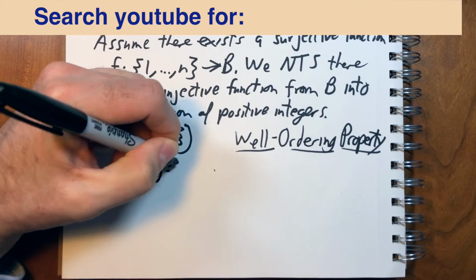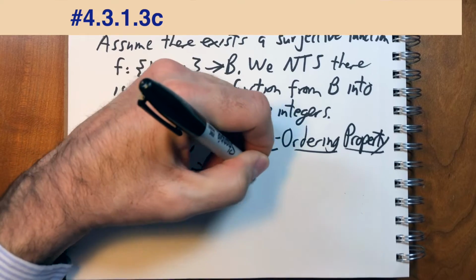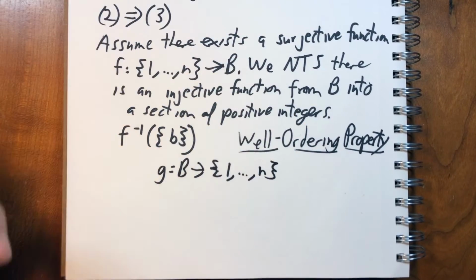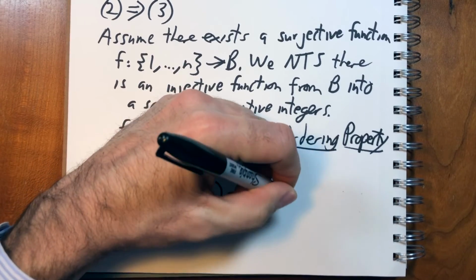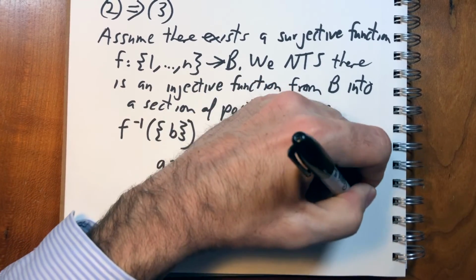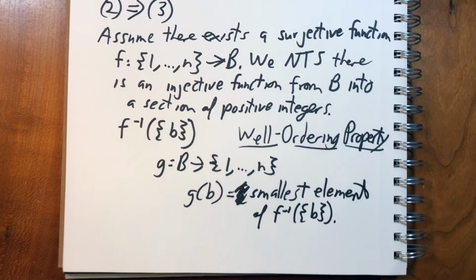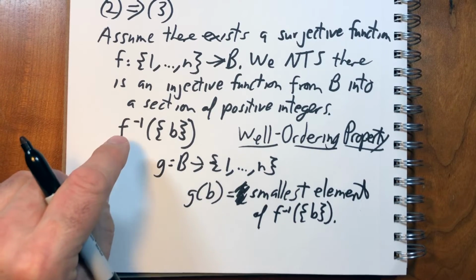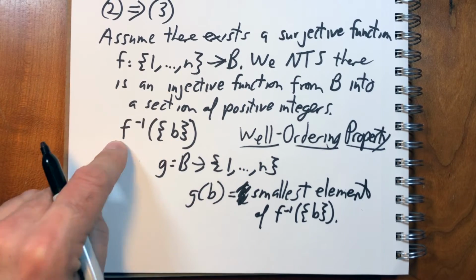Okay, so we're going to define another function g from B into the section of integers from 1 to n. We're going to define it by the equation g of b equals the smallest element in the pre-image of b under f. Because f is surjective, we know that the pre-image is not empty.